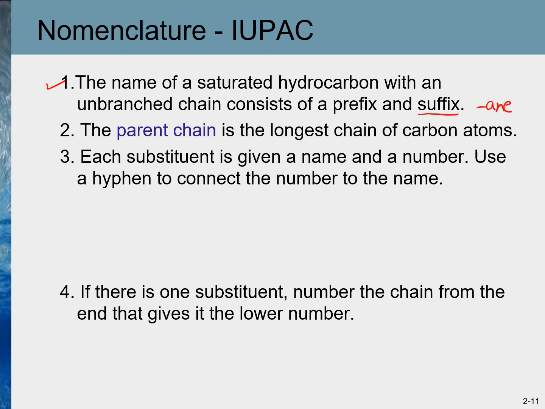For example, if we have an alkane with a 3 carbon long chain, the prefix for 3 is prop, and the suffix is ane. So the name of this alkane is propane.